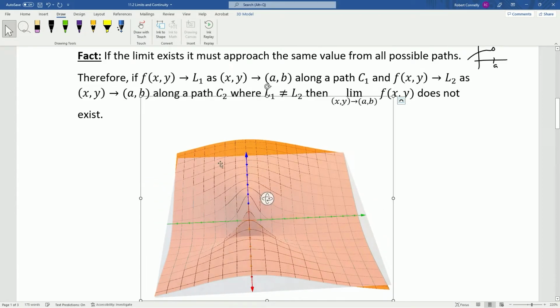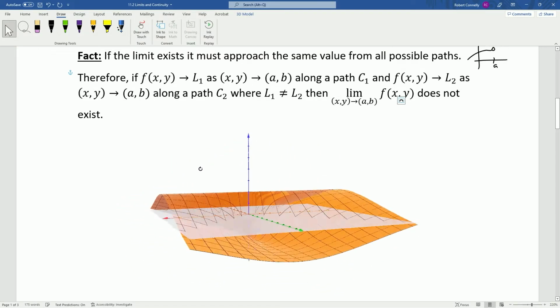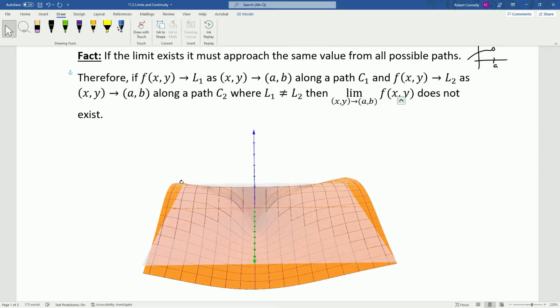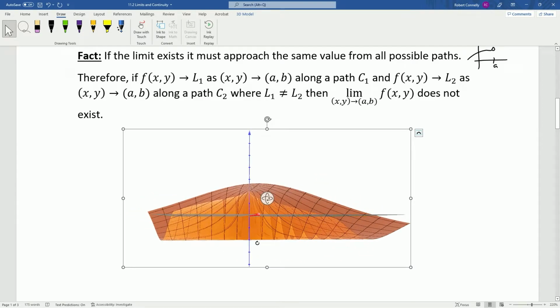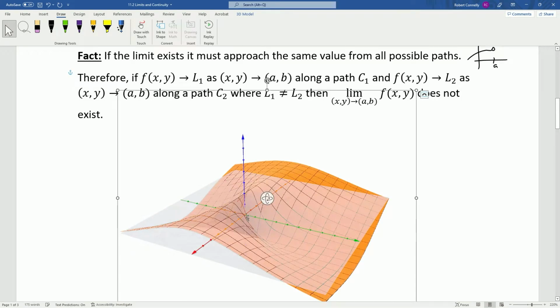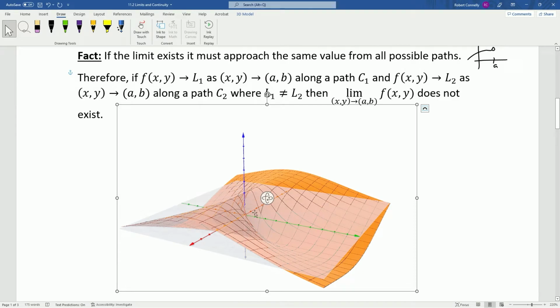So along that path you would get 2. But on the other hand, if you were traveling along the y-axis, you would be approaching -2. So right there you see you're approaching the same 0, 0 point in the xy plane, but you get two different output values depending on which path you're approaching along.